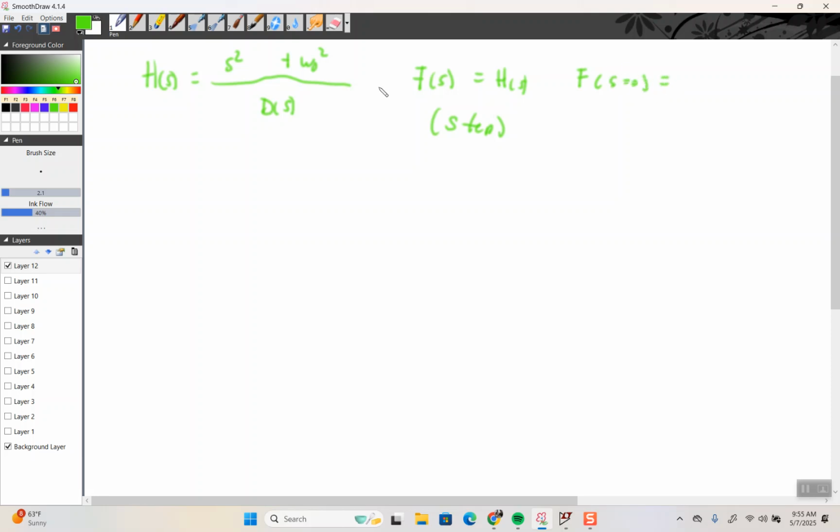Okay, so if s is 0, this goes to 0. It's probably better if I write it out. So if s goes to 0, this drops out, that goes to 0, and that's 0. You get omega naught over omega naught squared, and so it goes to 1.